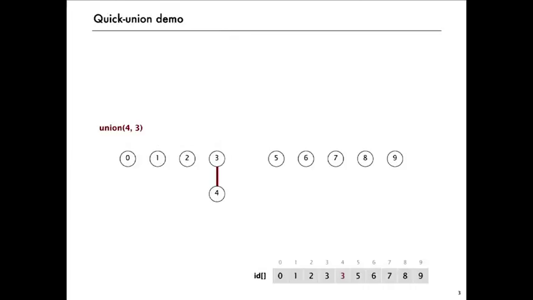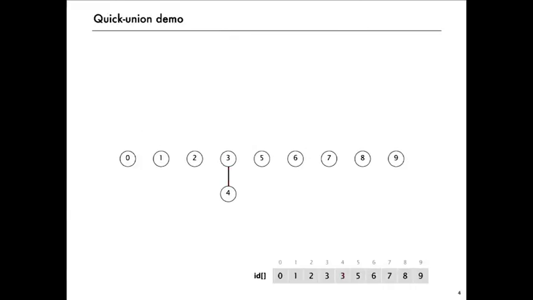In this case, we just make 4's parent 3. So now 3 and 8. Again, we take the first item and make it a child of the root of the tree containing the second item. So now 3, 4, and 8 are in the same component.